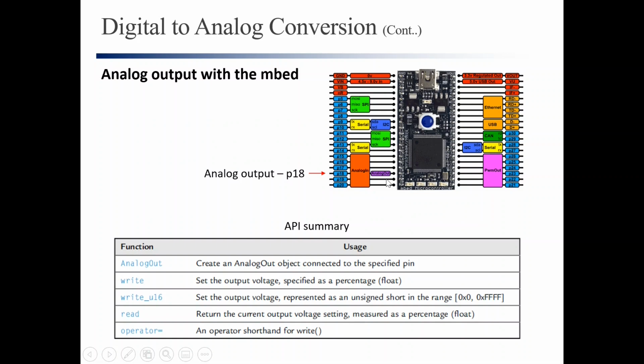The analog output for the microcontroller is at pin P18 here. So we have only one analog output. And this is the function to create the analog output, AnalogOut. This is the mbed function that we will use to create the analog output later on.